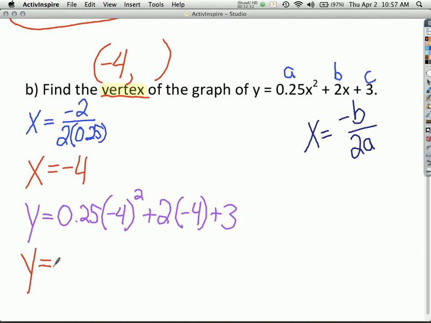Let's see, here's my mental math. -4 squared is 16, and that's really 1/4 of 16. I can do that mentally. 1/4 of 16 is 4. So I've got 4 and 3 is 7. And I've got 2 times -4 is -8. So I've got -8 and +7. I now know that y is -1. And so the vertex is going to be at -4, comma, -1.